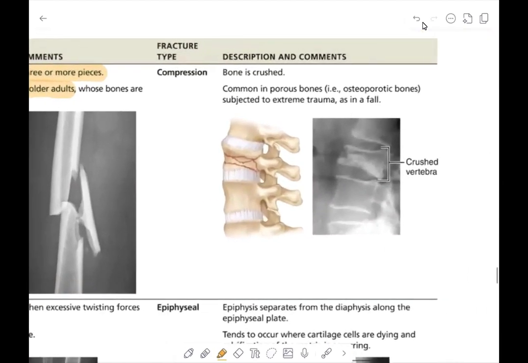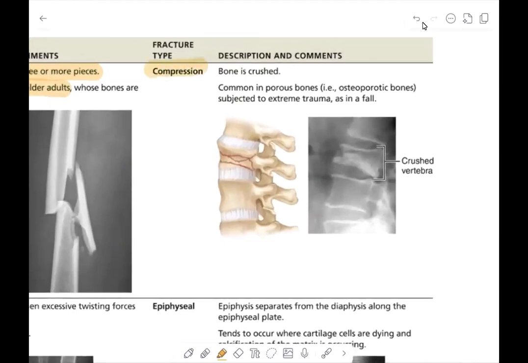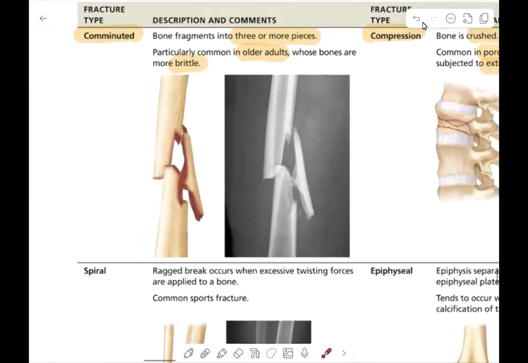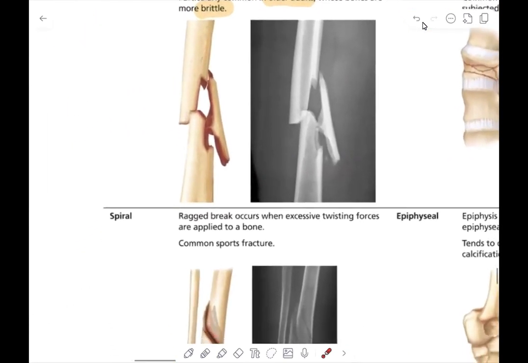The next one is a compression fracture, where the bone is crushed, and it's common in porous bones, which means weaker bones, so an osteoporotic bone, or something subject to extreme trauma like a fall. And we can see that this vertebra has been crushed. But thankfully, they can do a procedure where they can actually rebuild the vertebra. I've had a friend who this happened to, falling off a ladder.